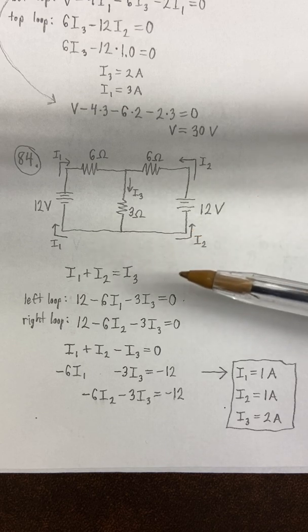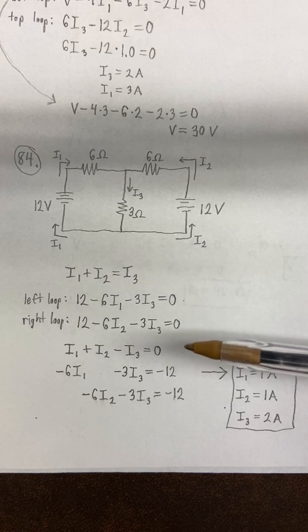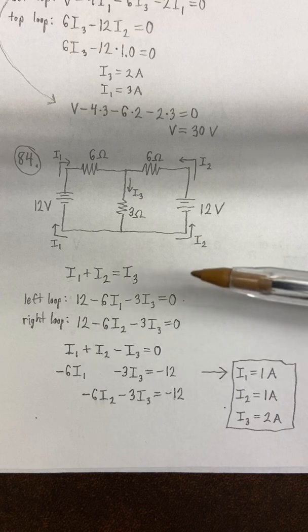But when the directions contradict, then a battery is a voltage drop and a resistor is a voltage jump. Okay, so let's look at the left loop.